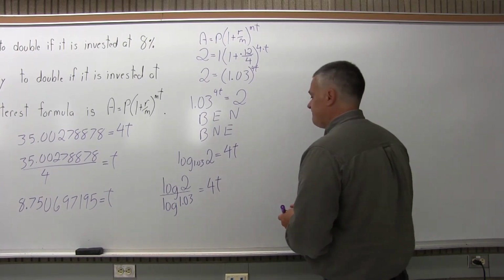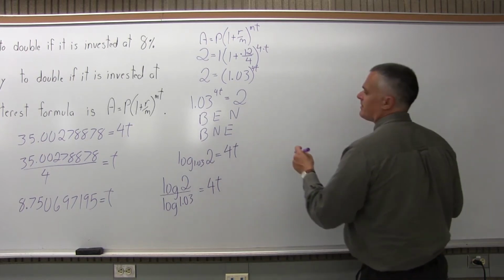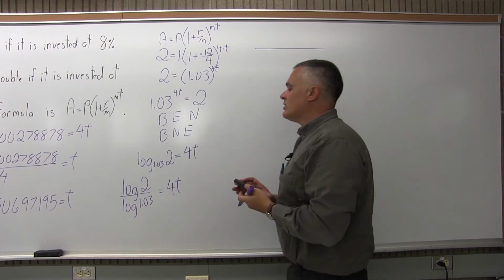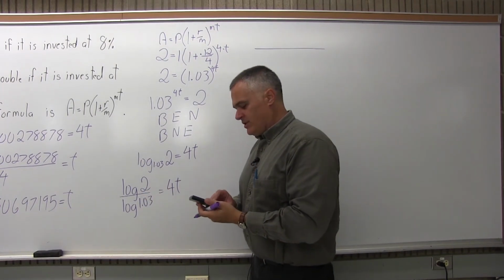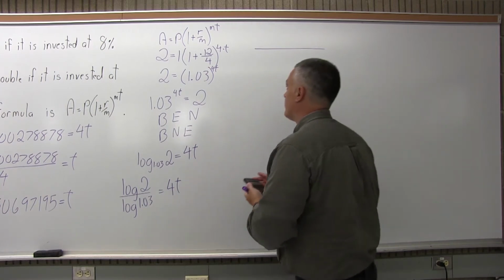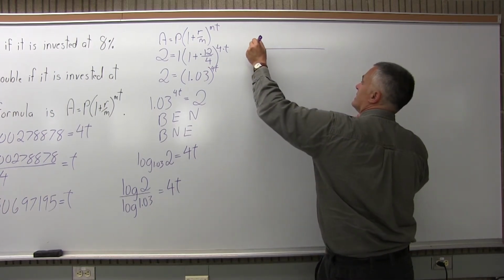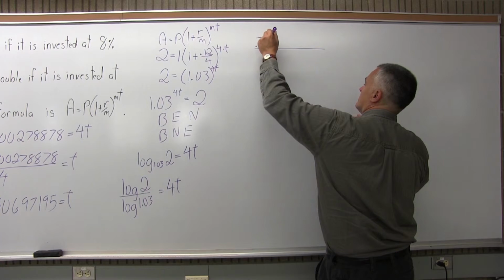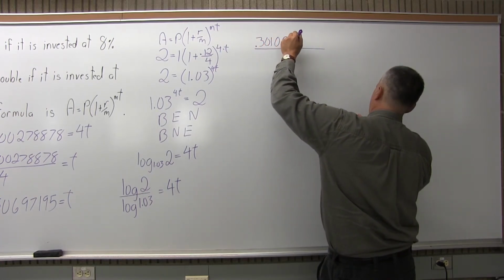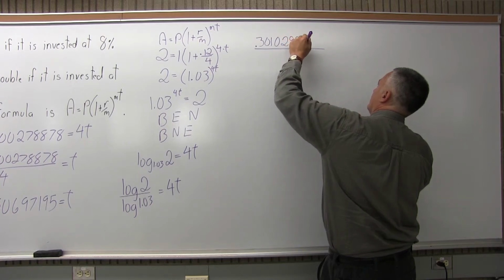So let me move up here a little bit. So in the numerator, common log of 2, the calculator will figure out very quickly. It's something we've come up with a couple of times before. It's 0.3010299995.